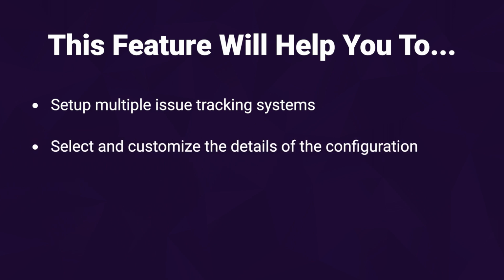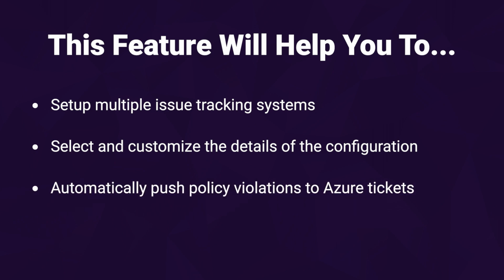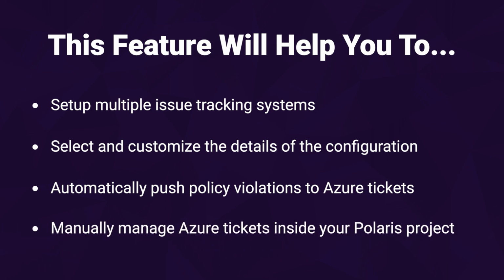You can customize those at the project level to specify the specific project you want that ticket to go to and what type of ticket you want it to be. Issue policy will automatically push violations to Azure tickets, and you can manually manage them as well inside your Polaris project. Let's look at a quick demo of how this is done.